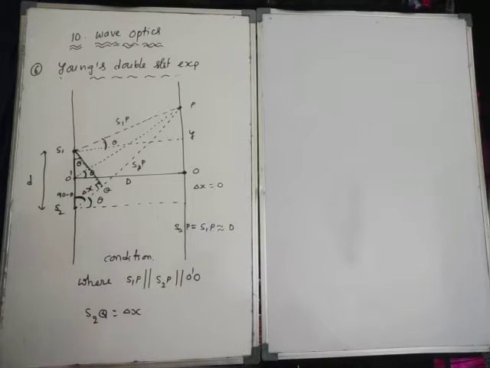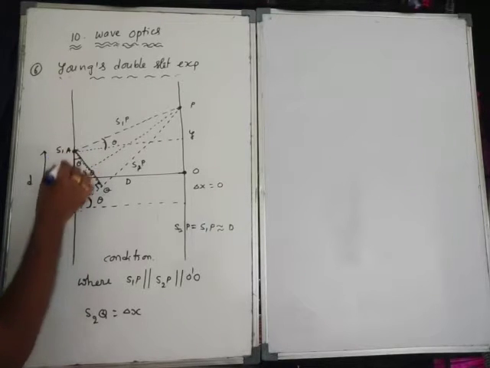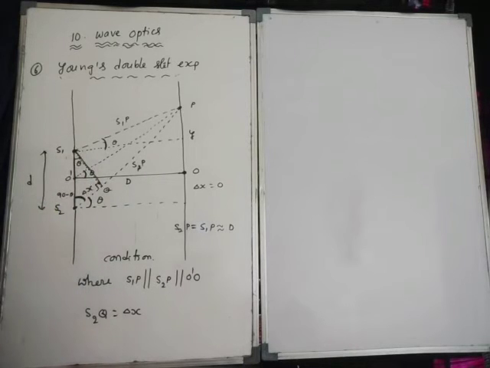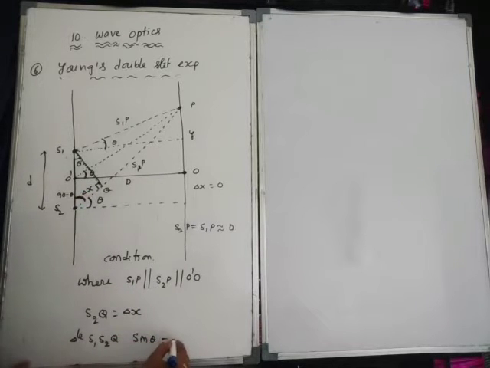With the help of the triangle, which I will name S1 S2 Q, triangle S1 S2 Q, sine theta is equal to the opposite side, delta x, divided by the hypotenuse.